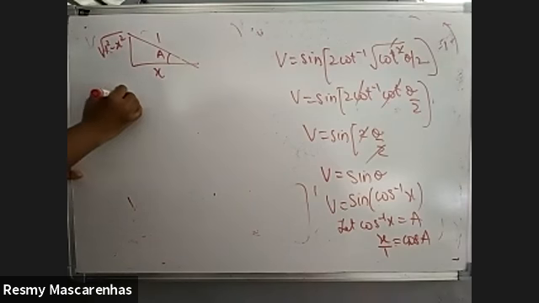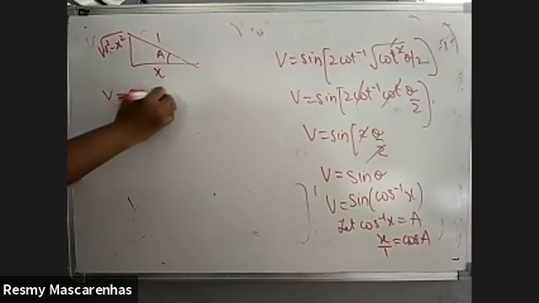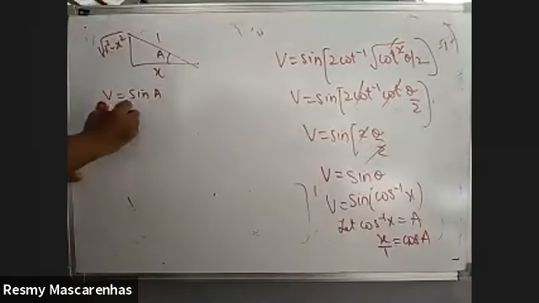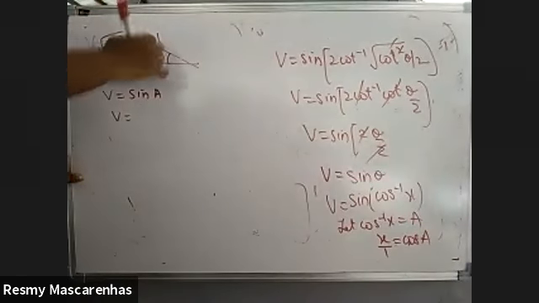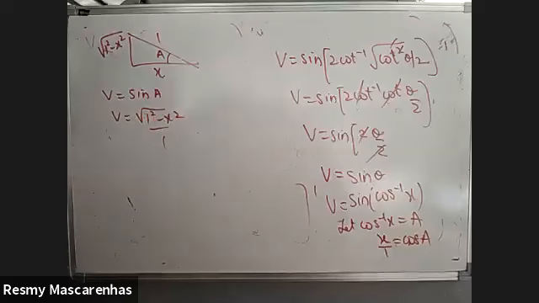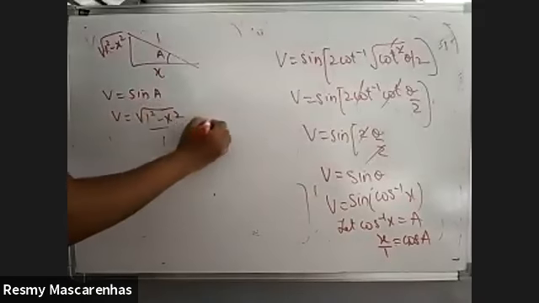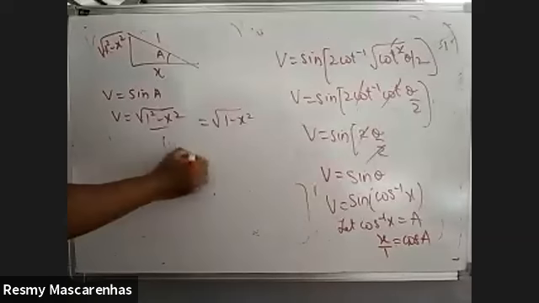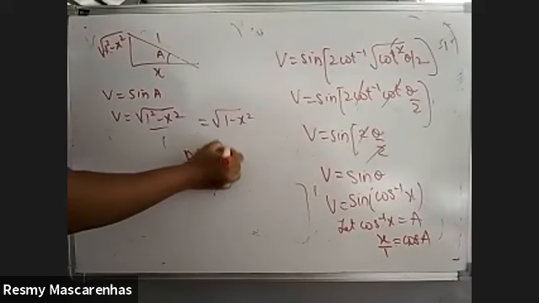So v is nothing but sine a. This we have taken as a. So what is sine of a? Opposite upon hypotenuse. So this is your v, root of 1 minus x square. Now differentiate with respect to x.